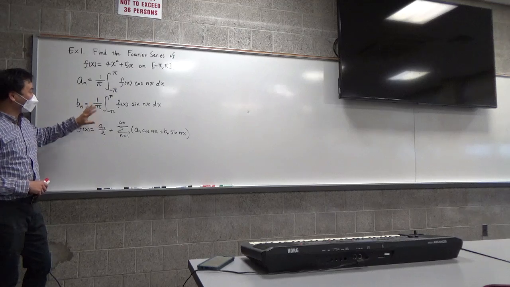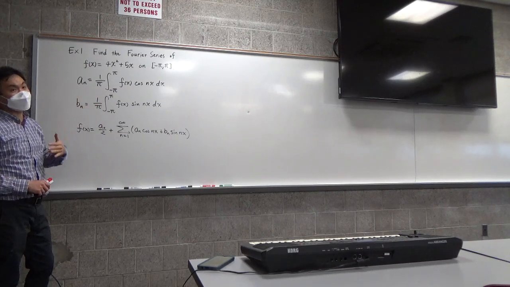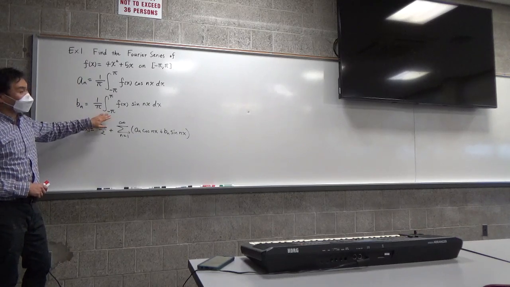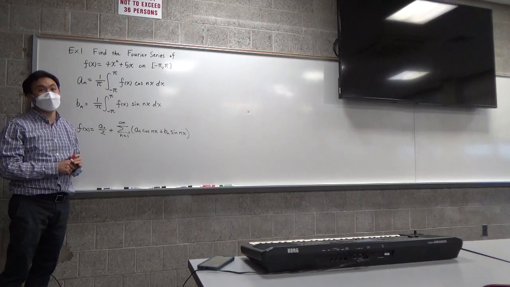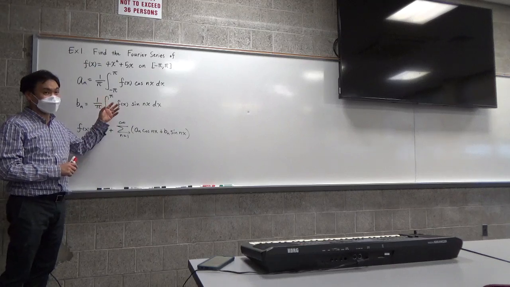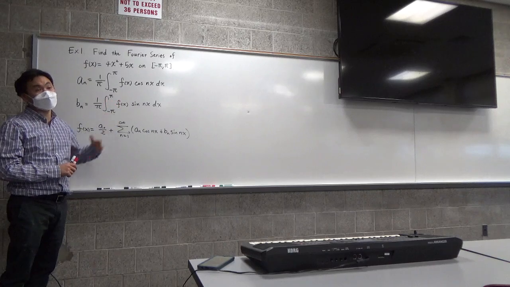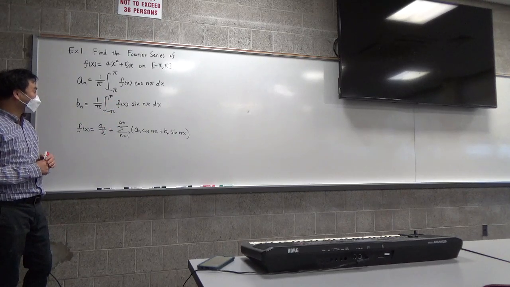So there's a variant of these formulas where the integration is not from negative L to L, but 0 to 2L. The reason we like negative L to L is because we want to make use of the even and odd functions from last time. If you make use of them, sometimes you can save time in doing calculations. You'll see when I do the calculation. So that's one reason.